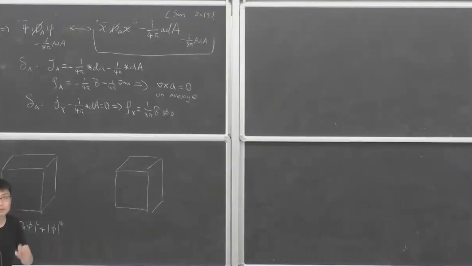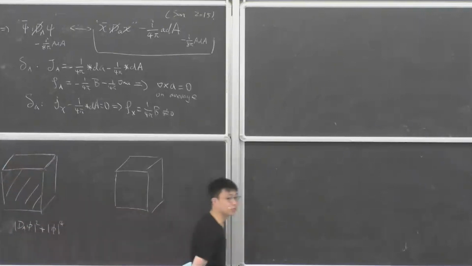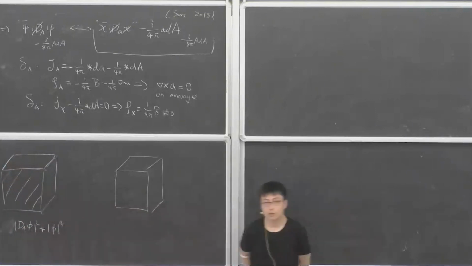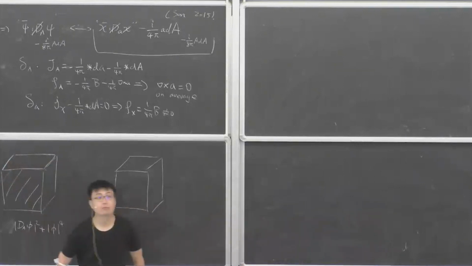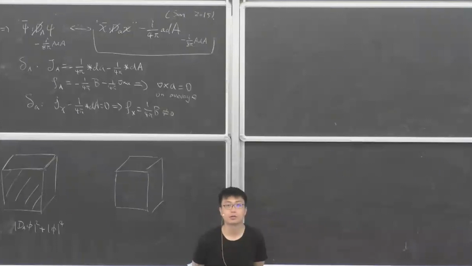Now let me do something slightly different. Let me declare that this U1 gauge field is not a probe gauge field, it's a dynamical gauge field, but it's dynamical not just on 2+1D spacetime, it's actually dynamical in the whole 3+1 dimensional bulk. So it basically becomes a 3+1 dimensional U1 gauge theory, even though I still require my Wilson-Fisher bosons to only live on the boundary.